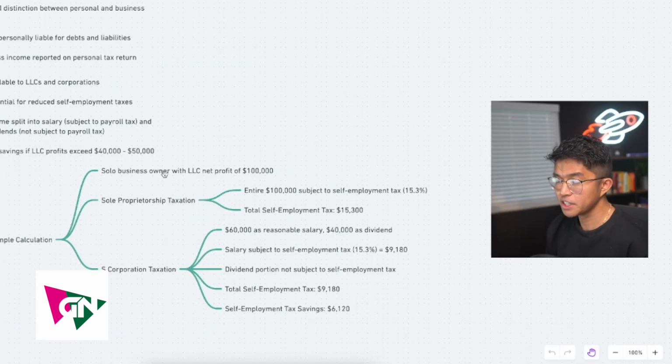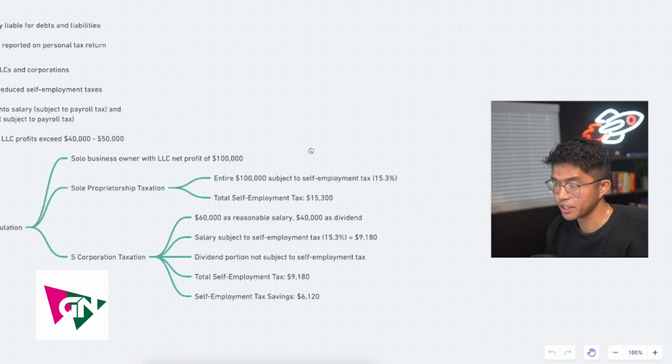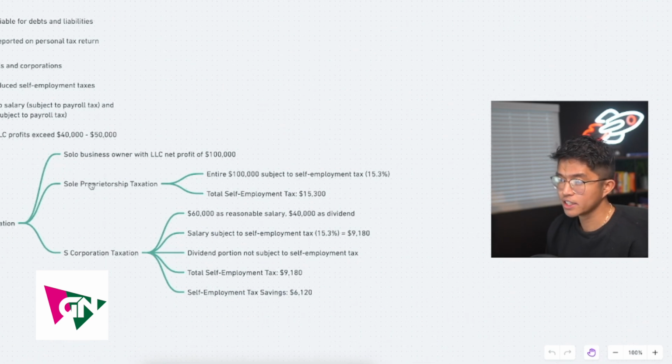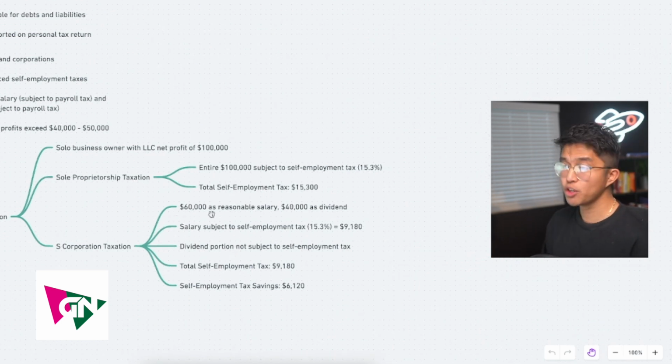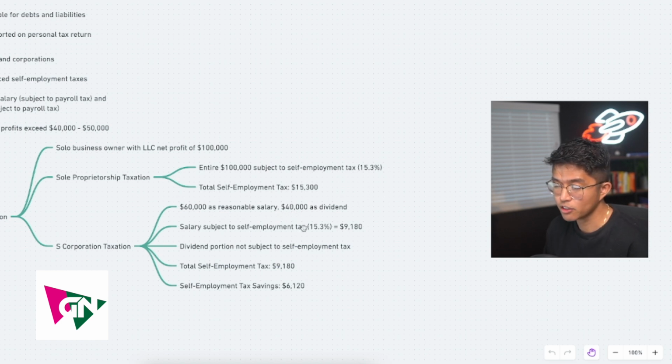Let's do an example calculation. Let's pretend that you're a solo business owner with an LLC net profit of $100,000. If you file as a sole proprietorship, the entirety of your $100,000 is subject to self-employment tax, let's say about 15%, which means you'll pay around $15,000 in self-employment taxes. However, if you put yourself on payroll and pay yourself a reasonable salary, let's say $60,000, with $40,000 as dividends, the salary is subject to self-employment tax.